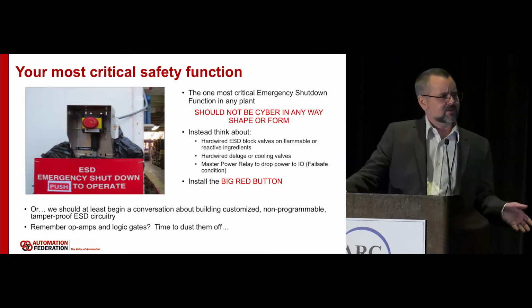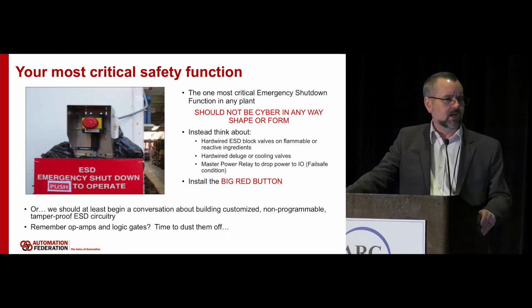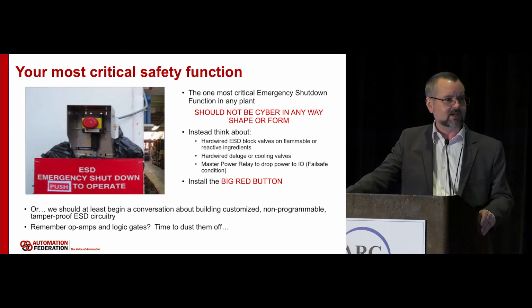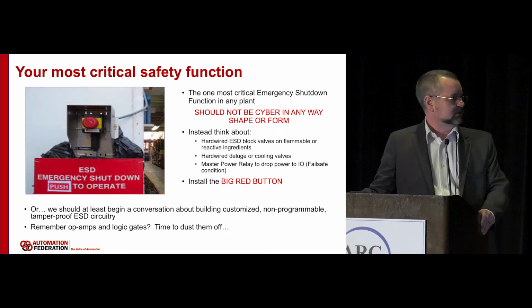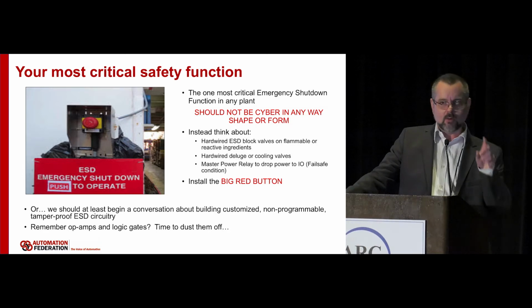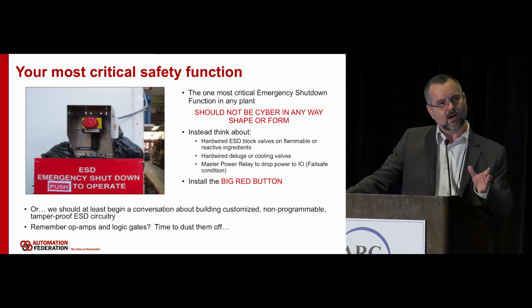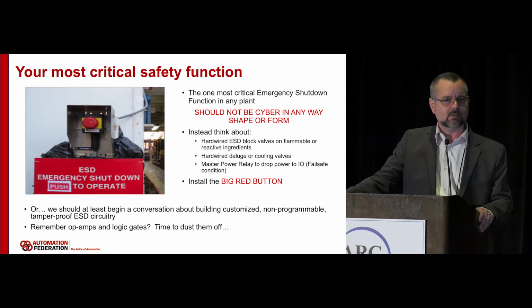If you were here last year or a couple years ago, I keynoted the ARC forum and talked about this concept, and I called it, go find the big red button. You need to go into your plant and find that one or two most critical safety functions and figure out if that can be manipulated through cyber.